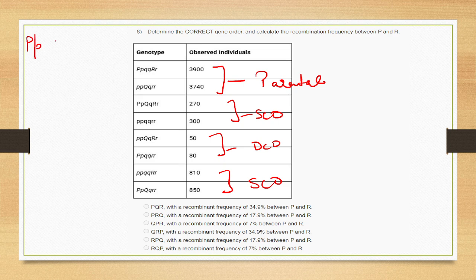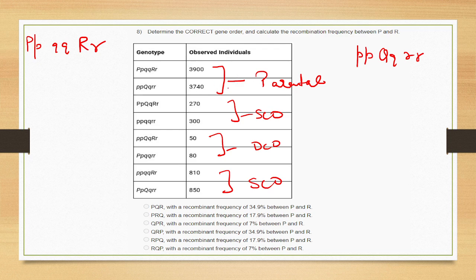P P Q Q R R. Okay. And this is your another parental class I am writing over here. P P Q Q R R. Is it correct? P P Q Q R R. Okay. These are your parental class. Now let us see the recombinant classes.